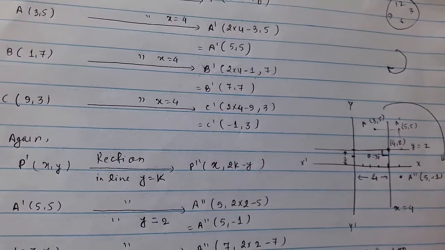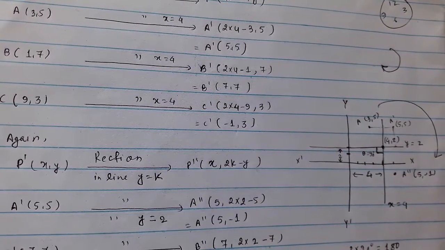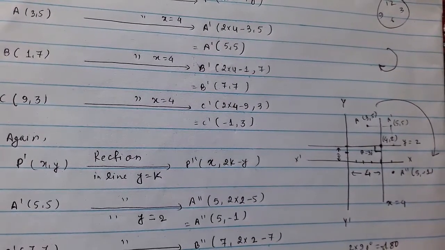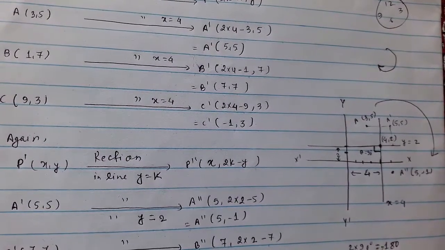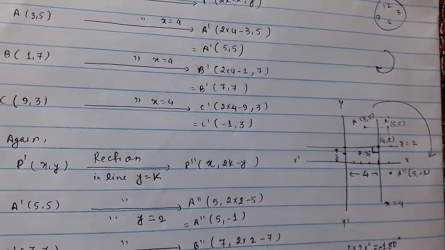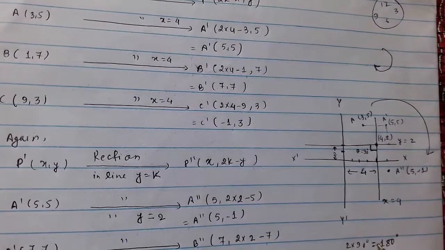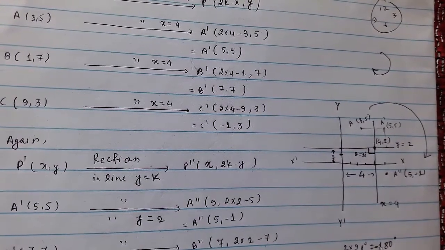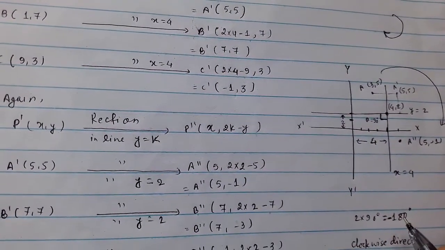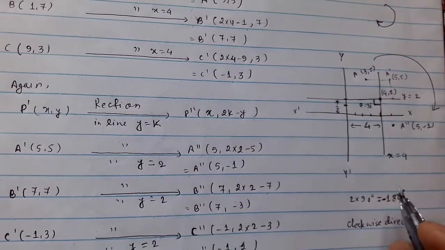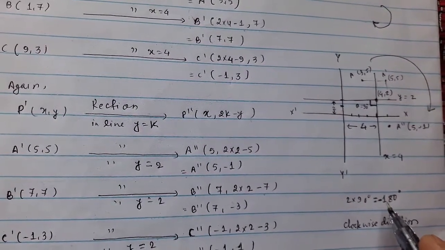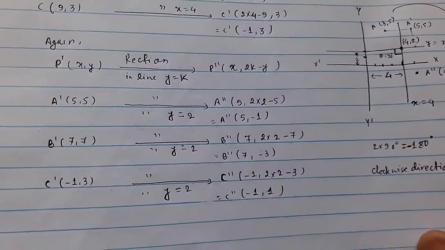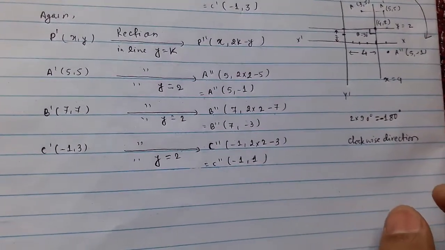Because of the clockwise direction, the sign should be negative. The angle of rotation, negative or positive, often gives the same value of 180, but the minus is significant because it shows in which direction the rotation is going.